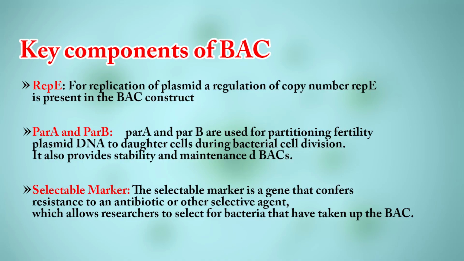We have the selectable marker. So, these are the features which are present in the F factor plasmid, and a selectable marker has been added, which confers some type of resistance and allows the researchers to select the bacteria that have taken up the bacterial artificial chromosome.